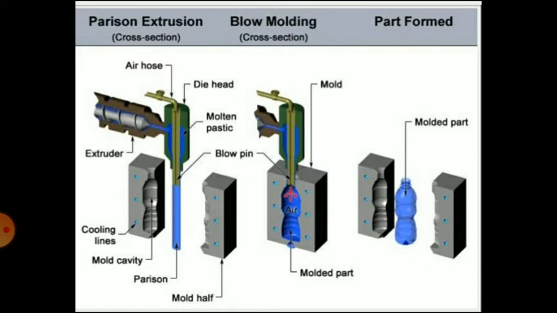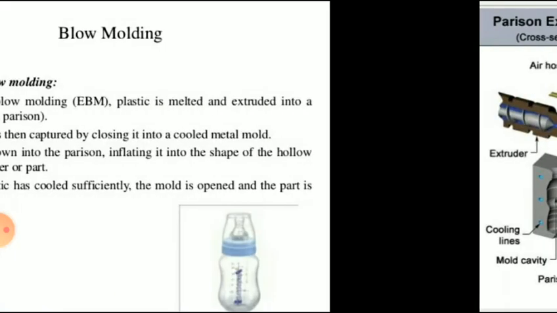Then the second part of the blow molding machine, the blow molding unit, is shown in cross section. There is a pin through which the air pressure is injected at the top of the mold, and in the third part you can see the molded part that is formed.